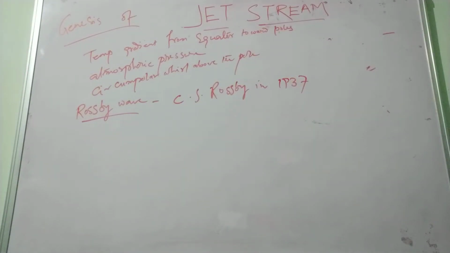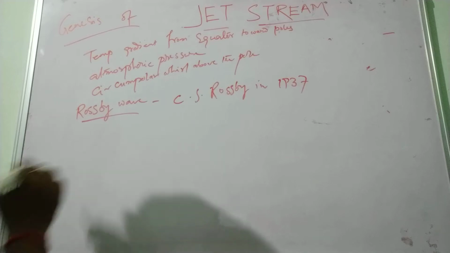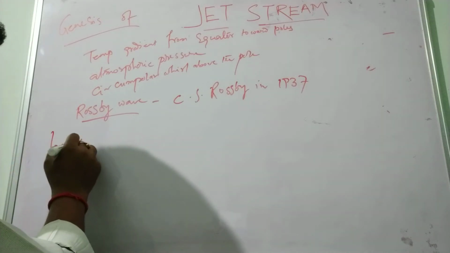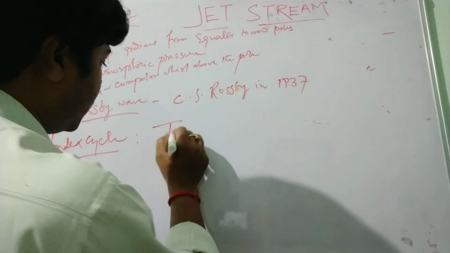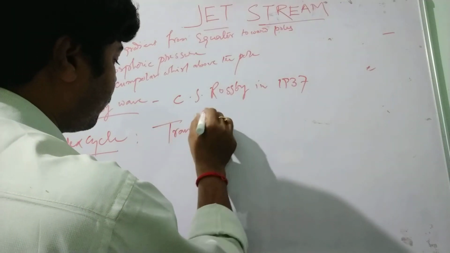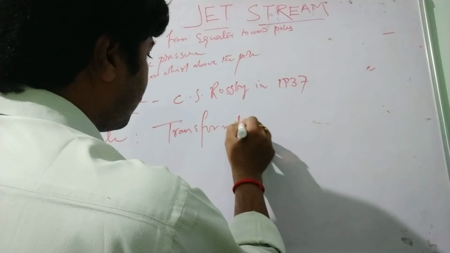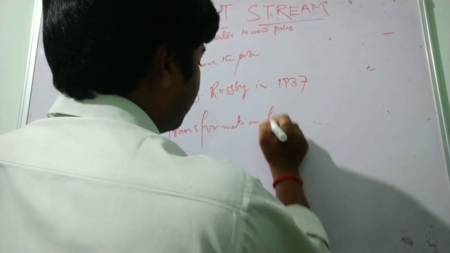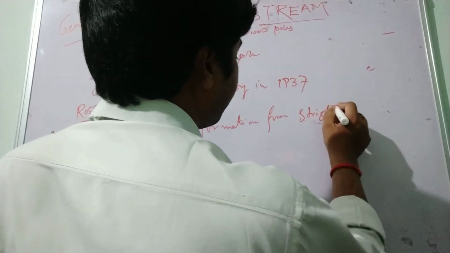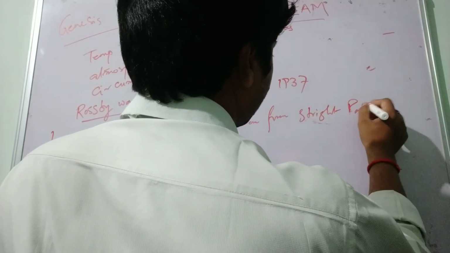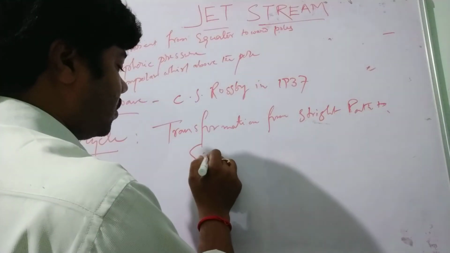The period of transformation of the straight path of the jet stream into a sinuous path is known as its index cycle.